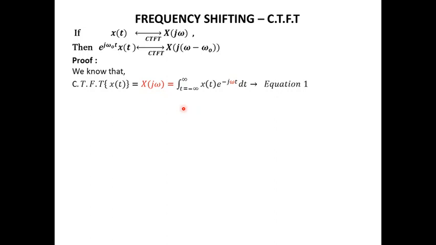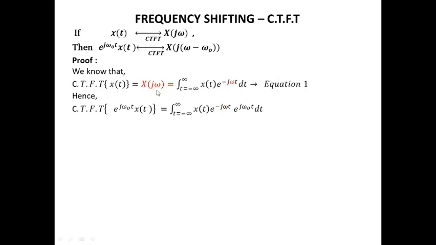What we are trying to extract from the equation is x of j omega, so since you have j omega here, you will also have j omega there.